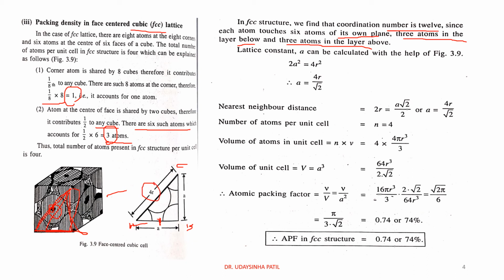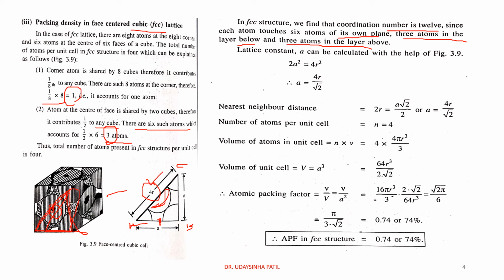Why is it 4R? Because the corner atoms are in contact with each other via the face centered atom. This is the face centered atom, the face centered atom having diameter 2R, the corner atoms having radius R, R plus 2R plus R, it is equal to 4R.